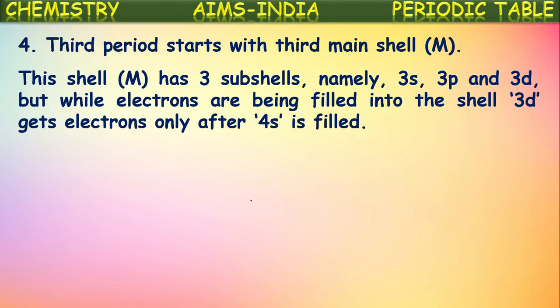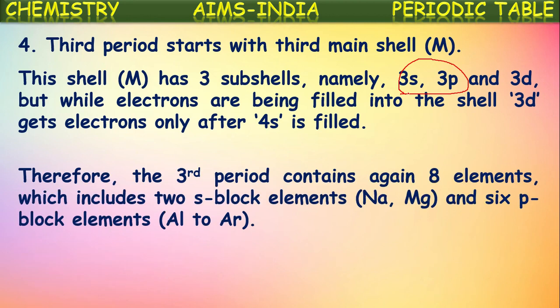That's why only the first two subshells are being filled with electrons. Just like 2s and 2p, here also 8 types of configurations are possible. So 8 elements exist in the third period also. Therefore, the third period contains again 8 elements, which include 2 s block elements, sodium and magnesium, and 6 p block elements from aluminum to argon.